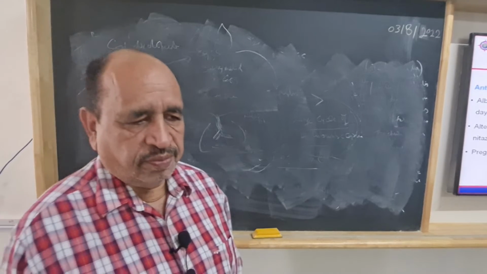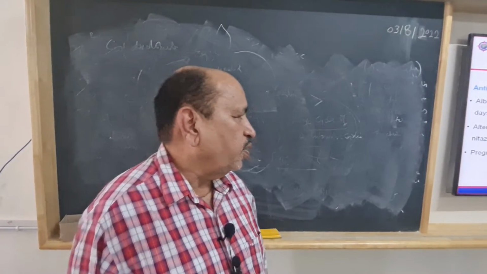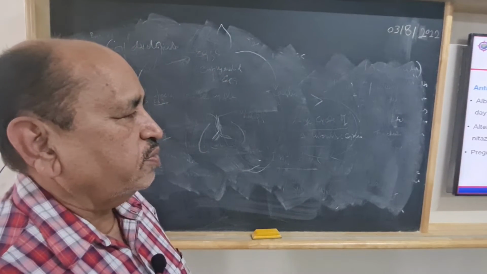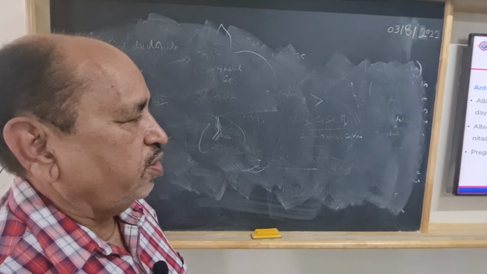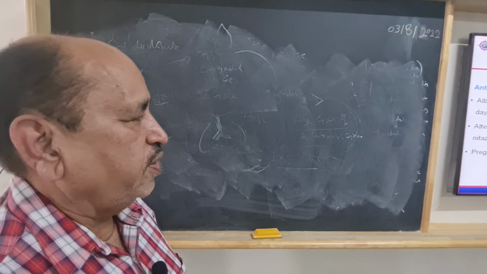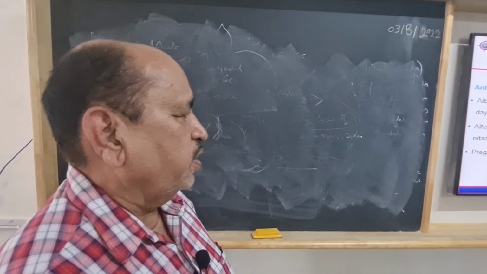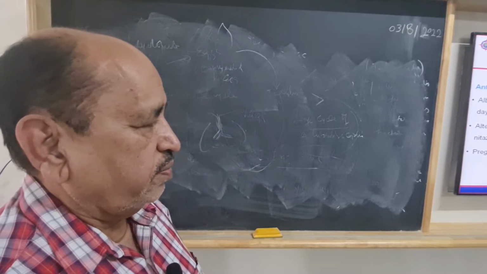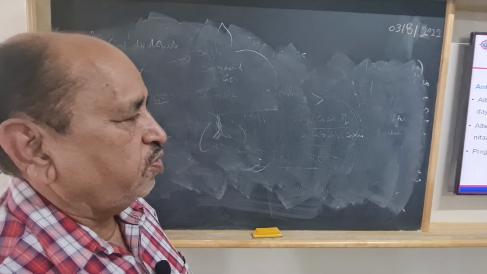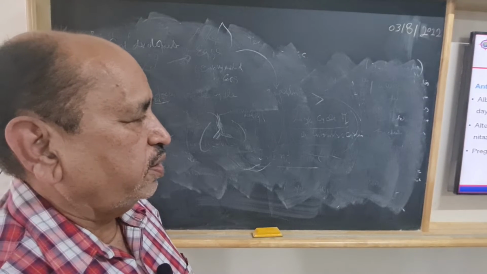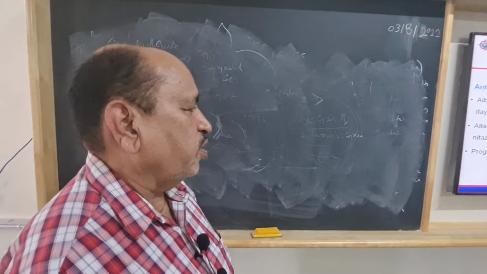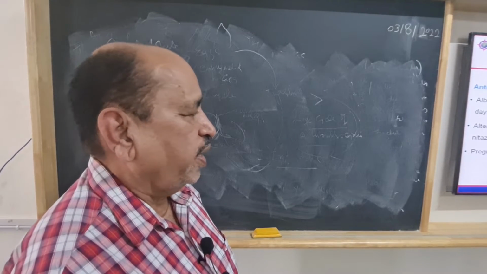The drug treatment: albendazole, 400 milligrams once a day, or mebendazole, 100 milligrams BD for 3 days, or 500 milligrams once. Alternative drugs like ivermectin, 150 to 200 microgram per kg body weight, nitazoxanide, pregnancy, parenteral formats.